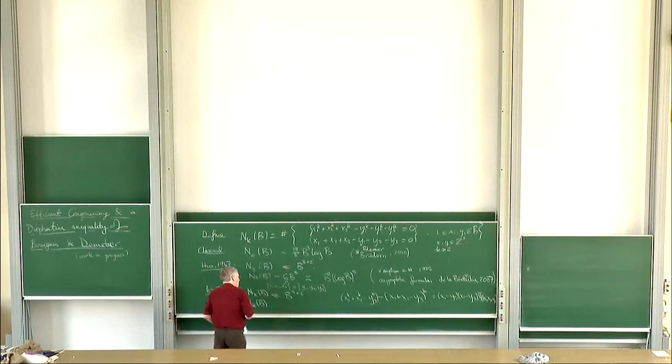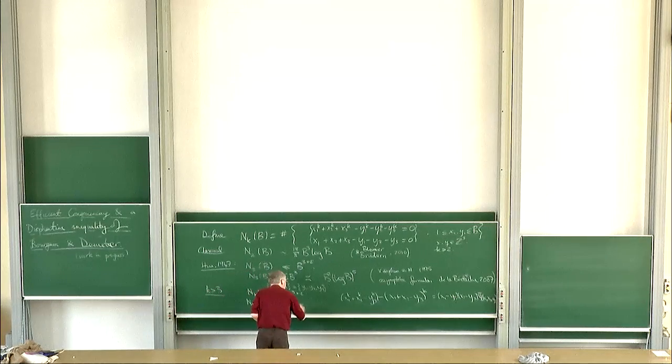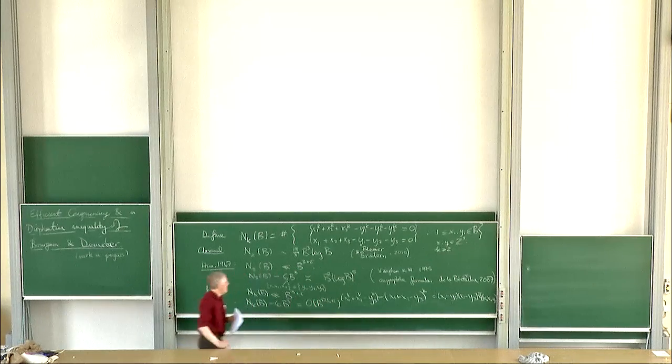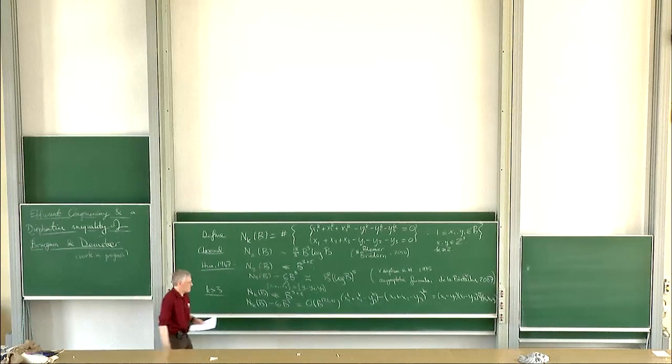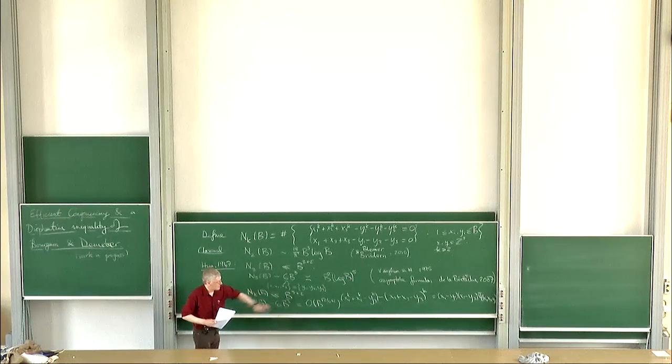So the sharpest estimates, well, maybe these are not the sharpest anymore, but certainly you get the obvious diagonal solutions, and then you can get an estimate at least as good as B to the 17 over 6, which is smaller than 3 plus epsilon, for the number of off-diagonal solutions.